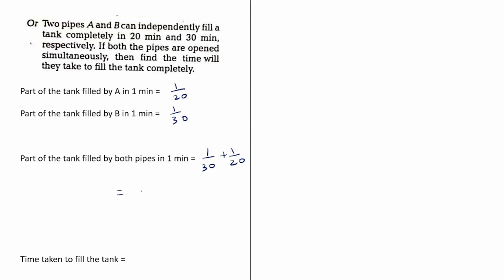Here the LCM is 60. Here we have 2 plus 3, so this is 5 by 60, or it is 1 by 12. Therefore, the time taken to fill the tank is 12 minutes.